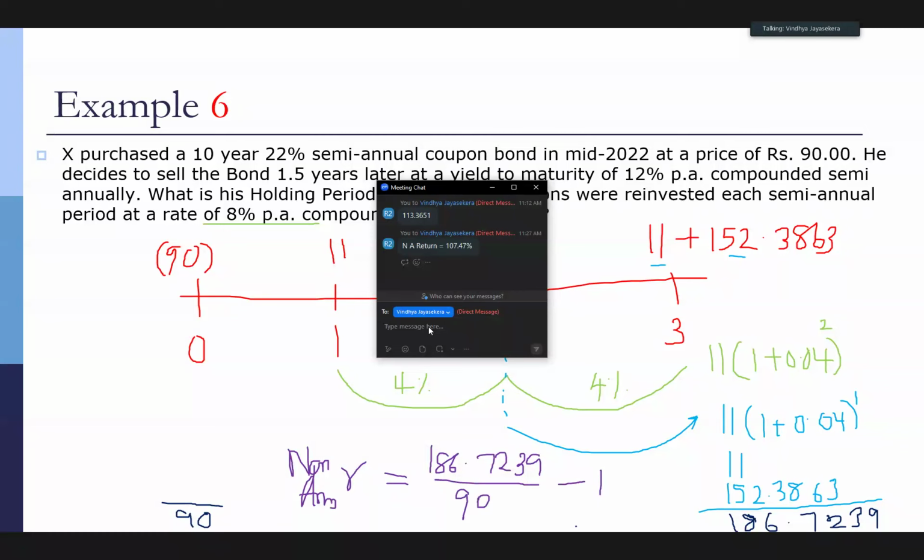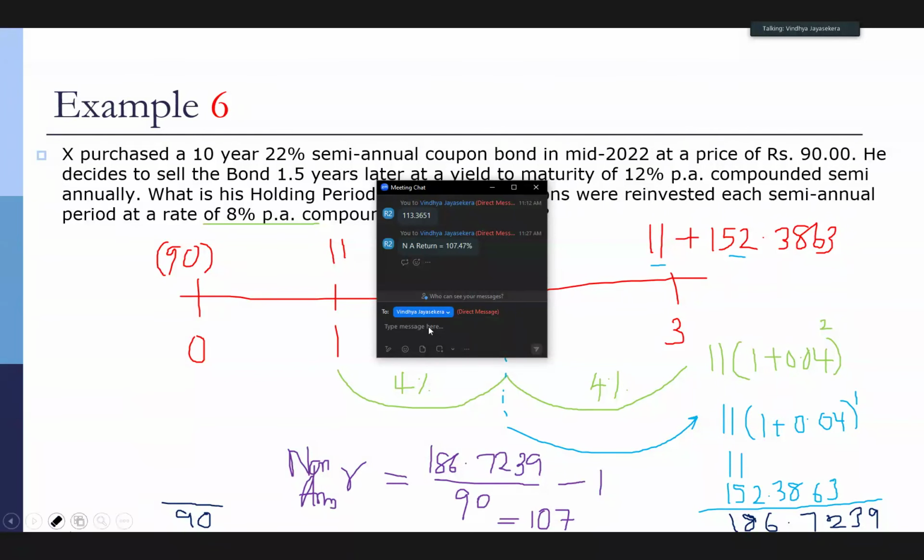So you have made a 107.471% return, right? Over 100% return by investing in this bond, right?